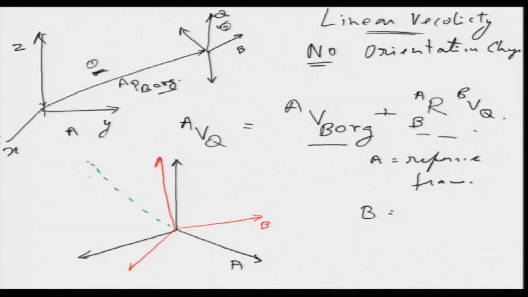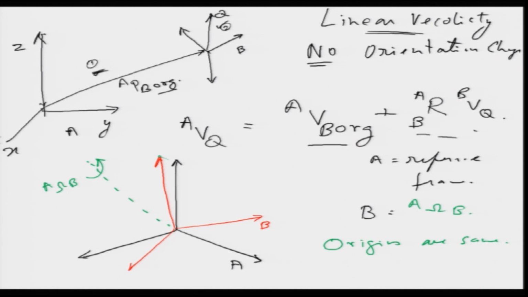B is rotating about this axis with an angular velocity, let us call it A omega B. Frame B is rotating and frame A is fixed. The origins are the same, and there is no linear displacement between the origins.